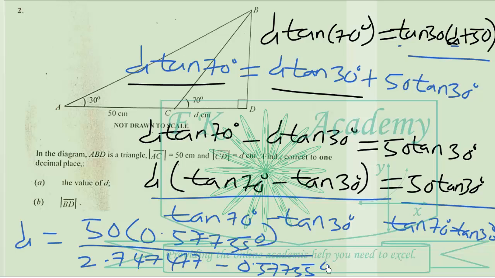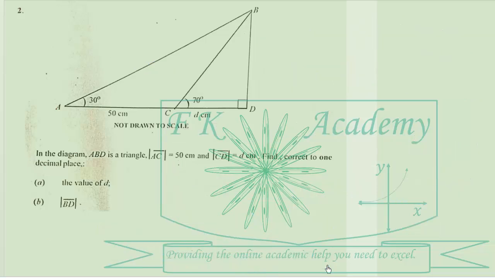So let's proceed to simplify. So when you multiply 50 by 0.577350, it will give us 28.867513.